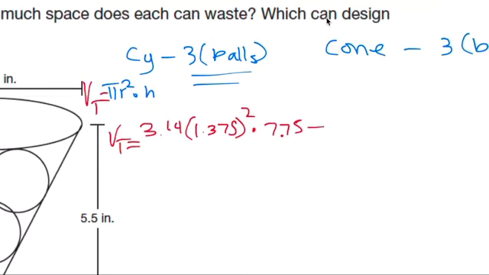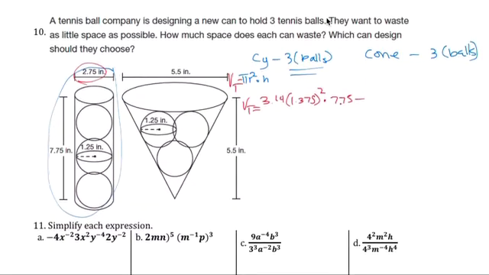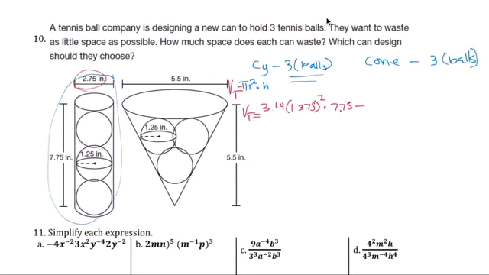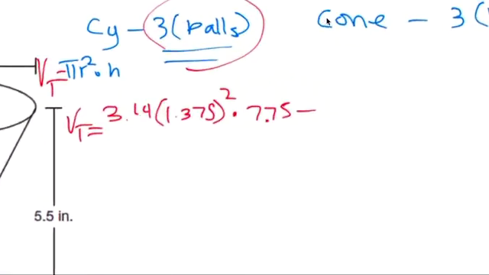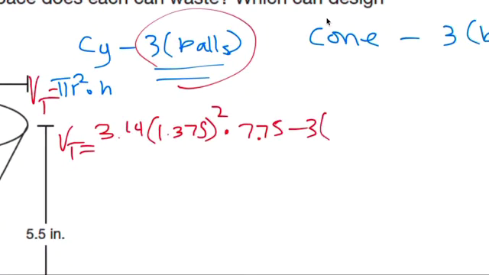And then minus it to the, I hope I gave you guys enough space. It's harder to write. So minus it to the 3 balls, which is 3 times pi r cubed, right? No, 4 over 3.